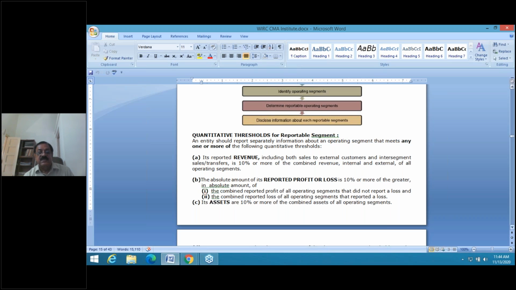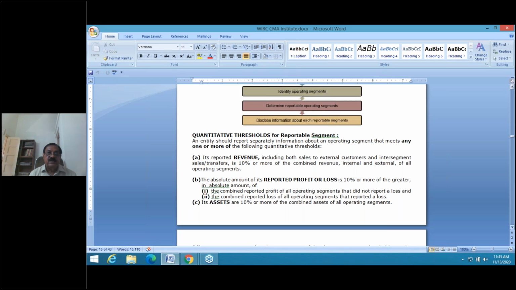I'm taking the practical later on, but first just go through these conditions. The absolute amount of its reported profit or loss is 10% or more of the greater, in absolute amount, of the combined reported profit of all operating segments that did not report a loss, and the combined reported loss of all operating segments that reported a loss.